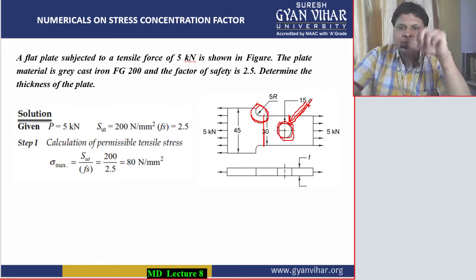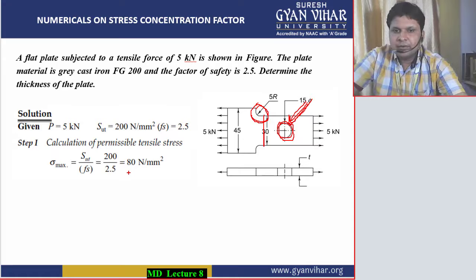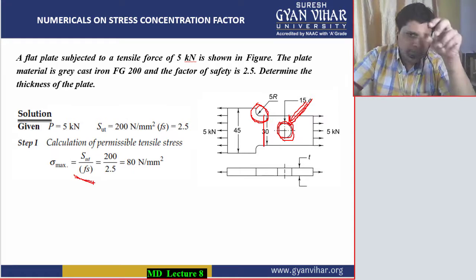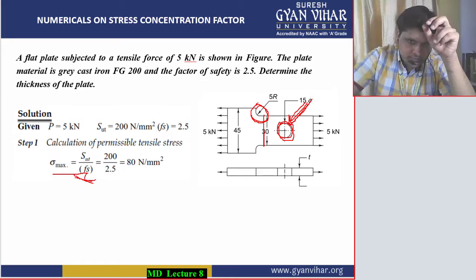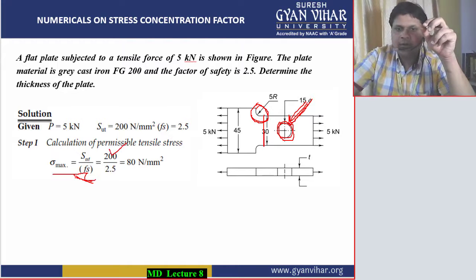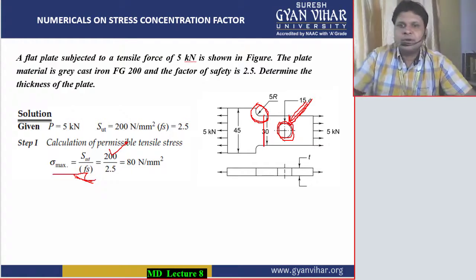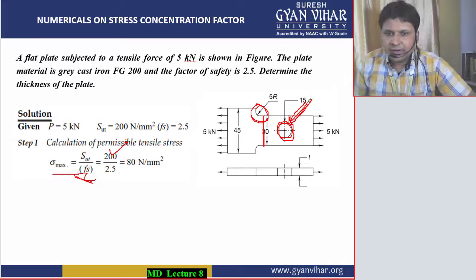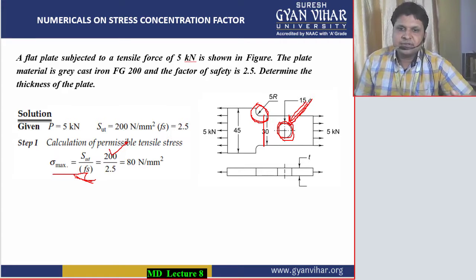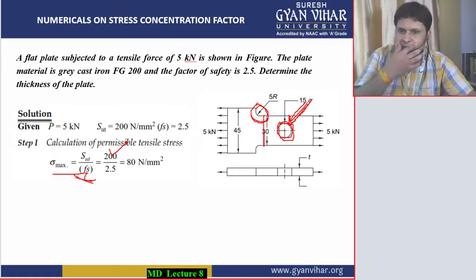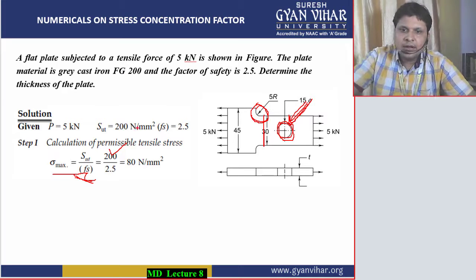And since the permissible value of stress is not given in the question, we have calculated it by using this expression. The ultimate tensile strength is given to you as 200. We divided the ultimate tensile strength by the factor of safety and obtained the maximum permissible stress value.